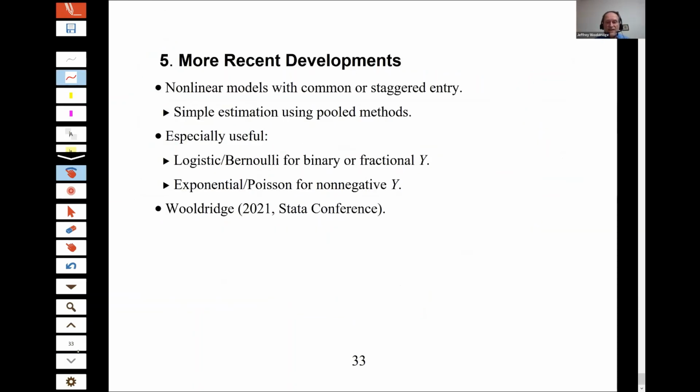Okay, so finally, this is the last slide. The even more recent developments is to extend this to so-called nonlinear difference in differences. And I'm supposed to give a talk on this soon coming up. I gave a preliminary version of it in the fall in a Stata conference.